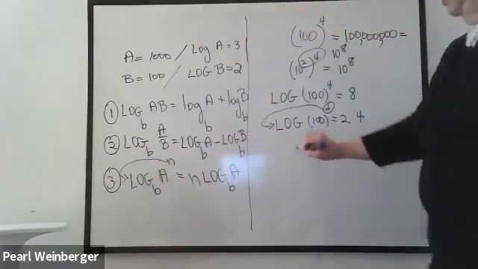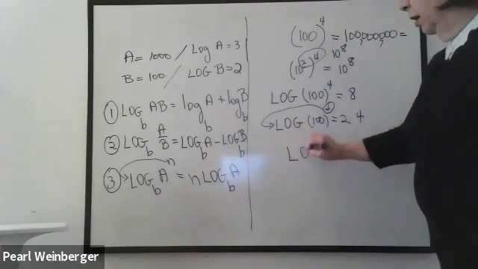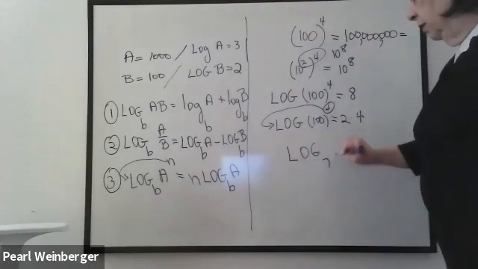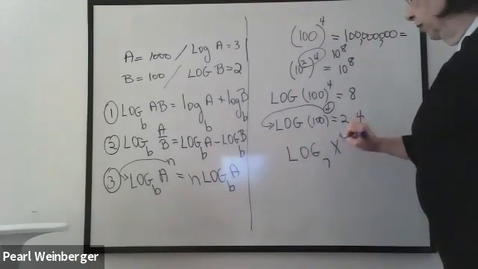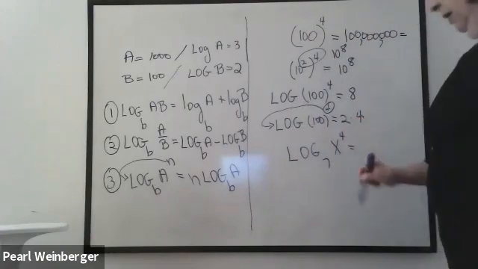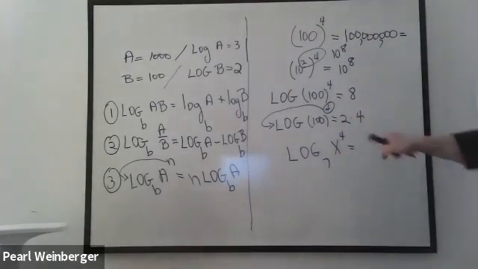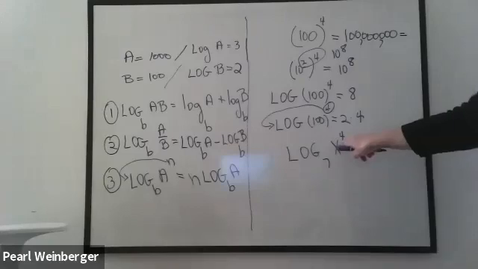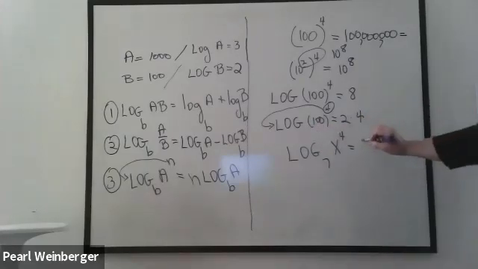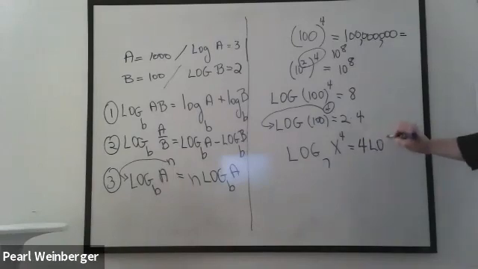In other words, if I had something like log base 7 of x to the 4th power, doesn't matter what these numbers are, I see an exponent, that exponent becomes the coefficient. It becomes 4 log base 7 of x.